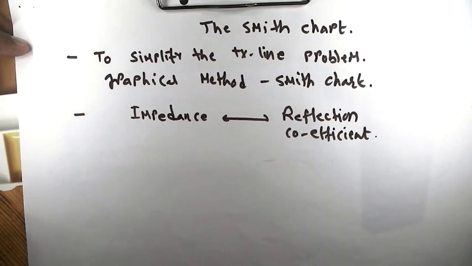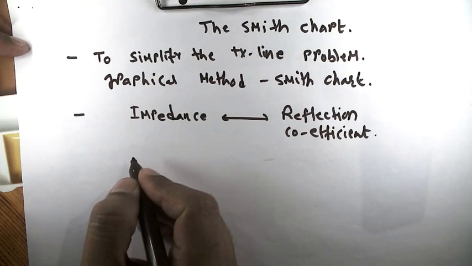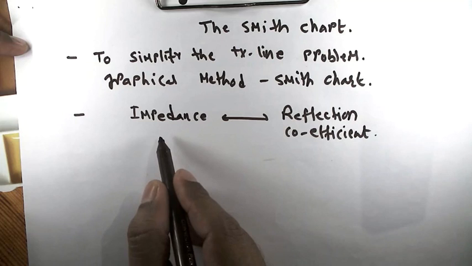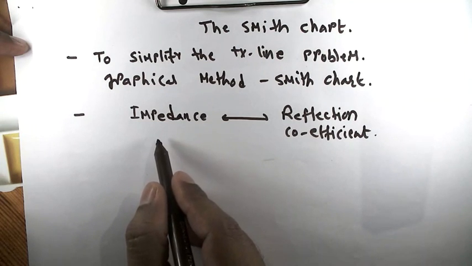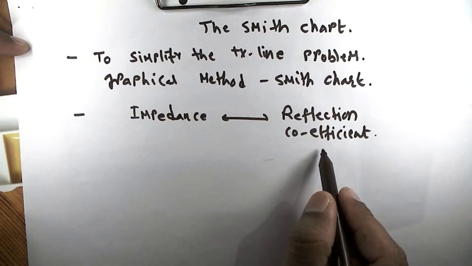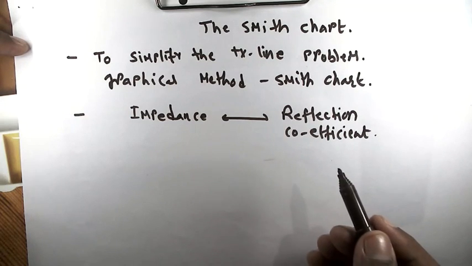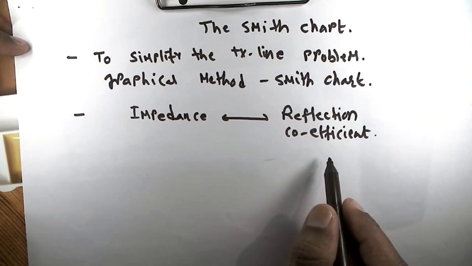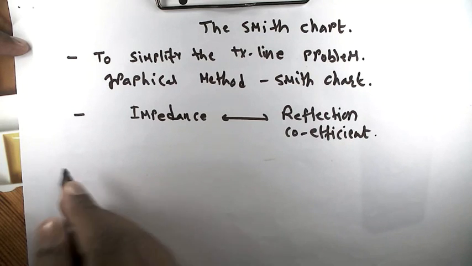For solving any transmission line problem, once we have either a load impedance or any impedance, then we can convert it into the reflection coefficient of the transmission line, or vice versa, if we have a reflection coefficient at any point on the line, we can also find out the impedance of that line.